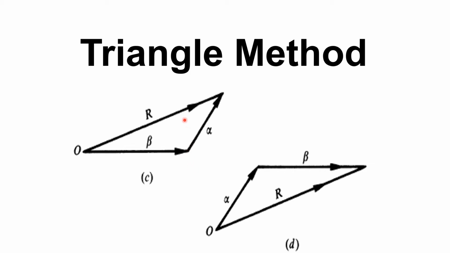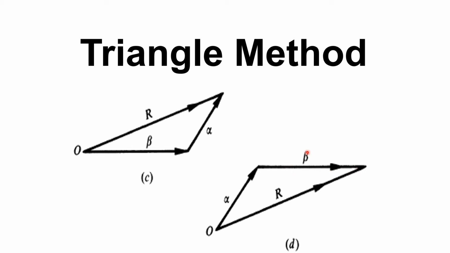The resultant is the line segment closing the triangle and directed from the point of origin, or O. So in this second diagram, we started with vector alpha, and then we connected vector beta with its tail connected to the arrowhead of vector alpha, and then you connect from the origin to the arrowhead of the last vector.